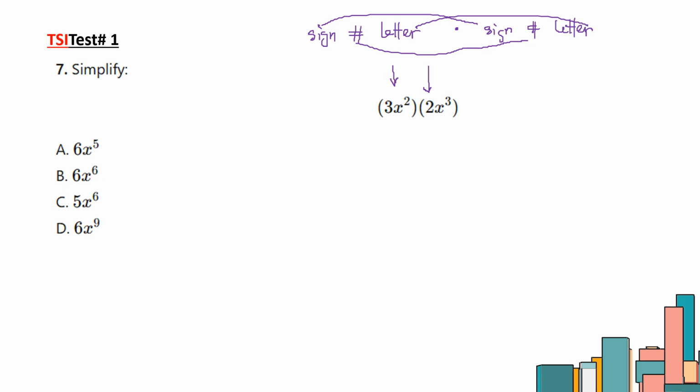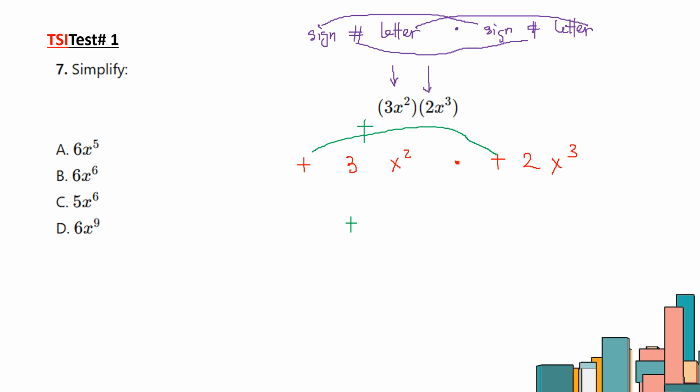Now let's look at this. You have the positive 3x squared multiplied by positive 2x cubed. Sign to sign, positive times positive is positive. So the final answer will be positive.